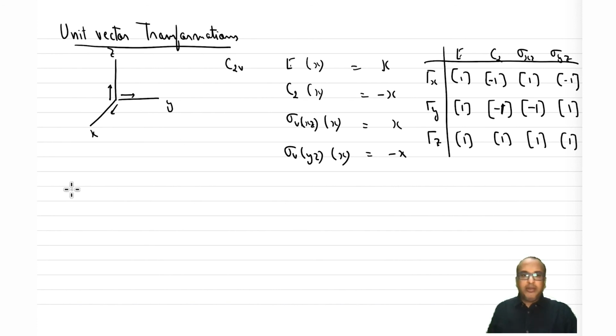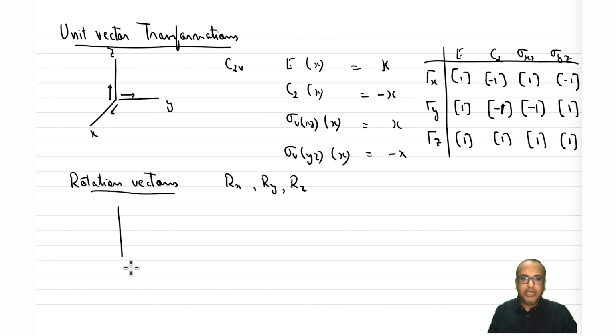So in a similar way, there are also rotation vectors, which can also be taken as the basis set. Rotation vectors are denoted as Rx, Ry, Rz, and what are these basically? If I take this XYZ, these are the rotations. So let's consider this as anti-clockwise rotation when I'm looking from the positive side of the x-axis towards origin.